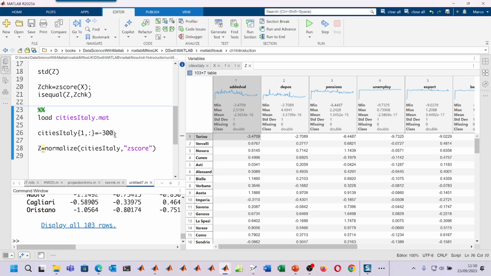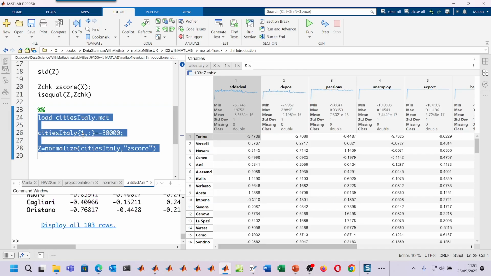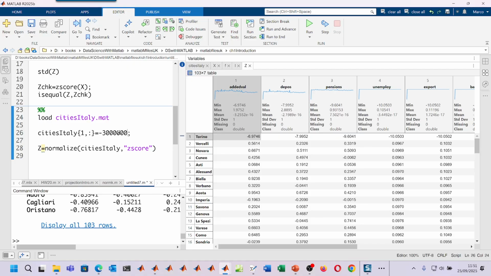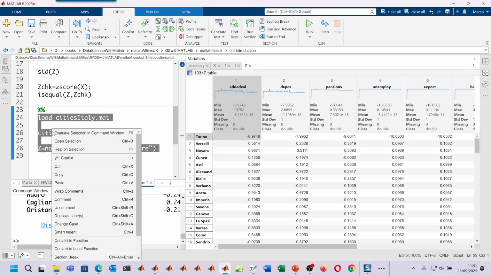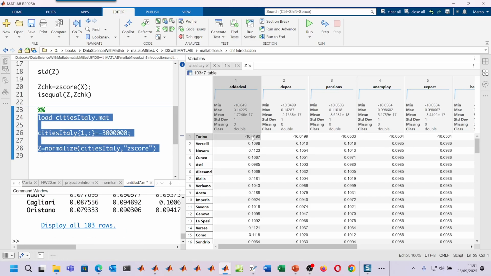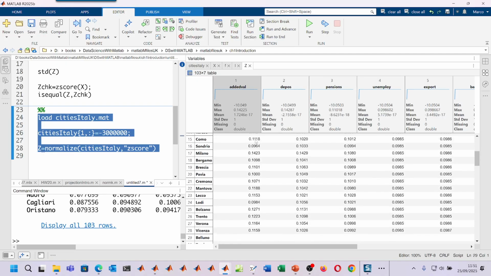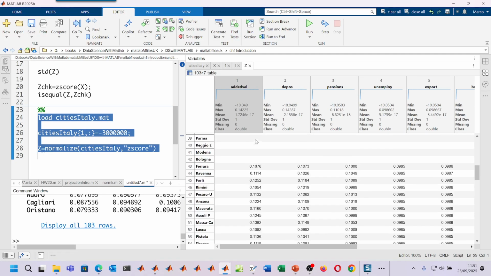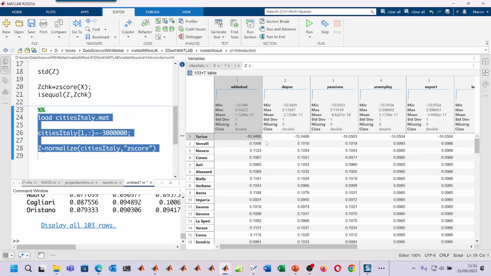But if you put instead of this one, minus 30,000, let us exaggerate. If you put all these things, you see that this is the only one which is negative, and all the others are positive. You see, that's the problem. All these z-scores are affected by this outlying observation, because you have a mean which is not representative and a standard deviation which is not representative.